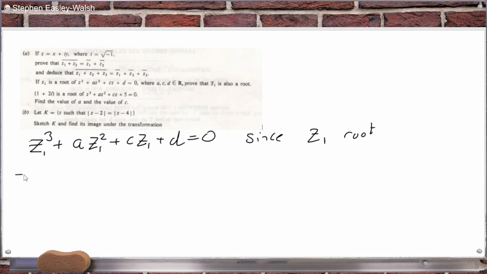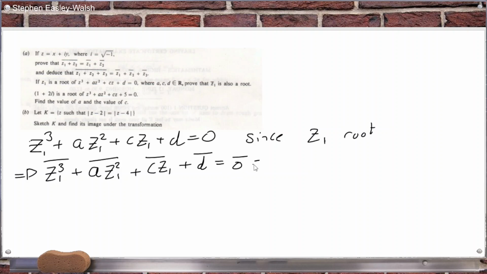So using the previous result by conjugating everything, z1 cubed conjugated plus a z1 squared conjugated plus c z1 conjugated plus d conjugated equals 0 conjugated, which is 0.